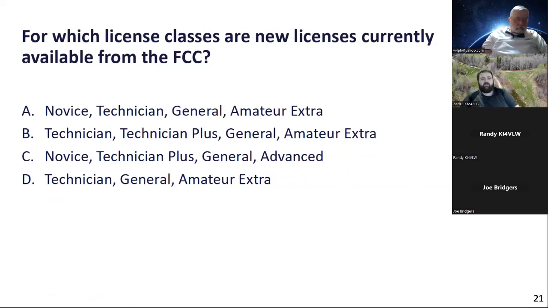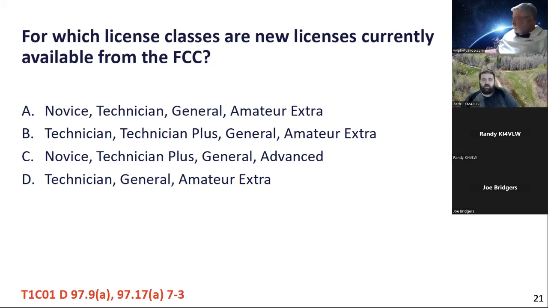For which license classes are new licenses currently available from the FCC? Anyone? D. Yep, it's D. So for pretty well all of those license classes, there are still people in the United States with those licenses, because if you had one of those when they got rid of them, you were grandfathered in. As long as those people, like say if you were an advanced class, continue to keep their license renewed every time, they'll stay an advanced class pretty much forever or until they die.